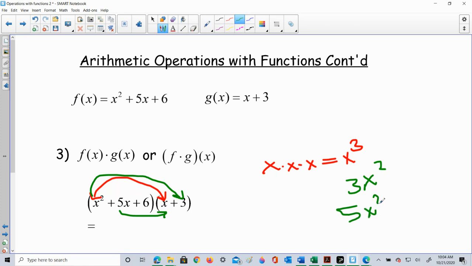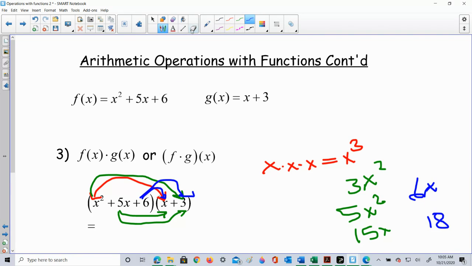My writing on here is horrible, but you get the idea. And 5x times 3 would be 15x. And then finally, 6 times x, which is 6x. I know I'm writing these all over here. I'll put them together in a moment. And then 6 times 3, which is just 18.